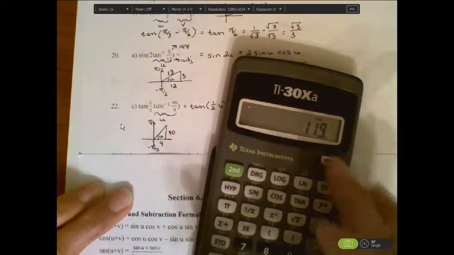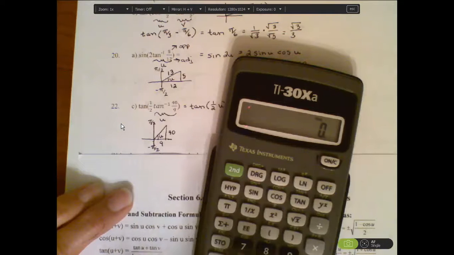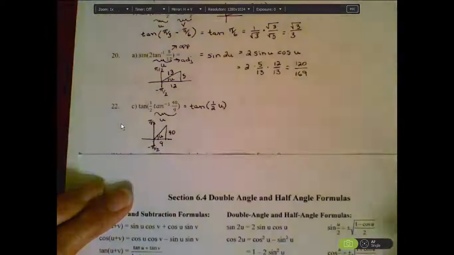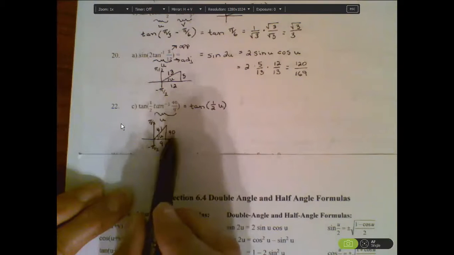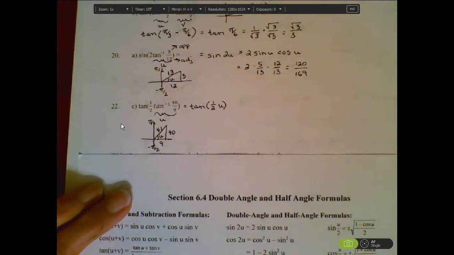The hypotenuse would have to be the square root of 40 squared, which is 1600, plus 9 squared, which is 81. It would be nice if that was a perfect square. How about that? It is. 9, 40, 41 is a Pythagorean triple that you don't see very often.